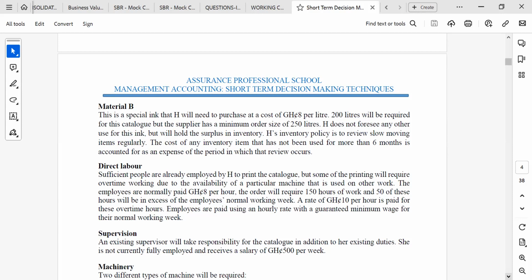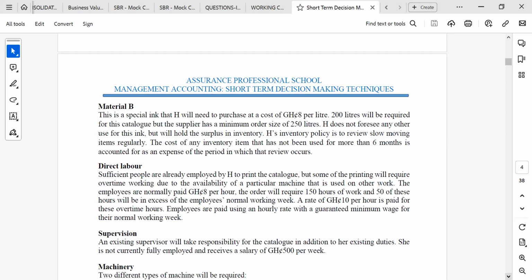The order will require 150 hours of work, and 50 of these hours will be in excess of the employees' normal working week. A rate of 10 cedi per hour is paid for this overtime. Employees are paid using an hourly rate with a guaranteed minimum wage for their normal working week.